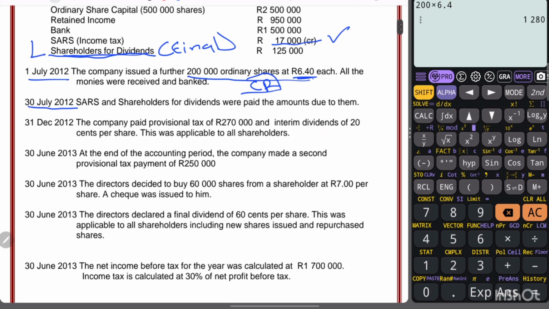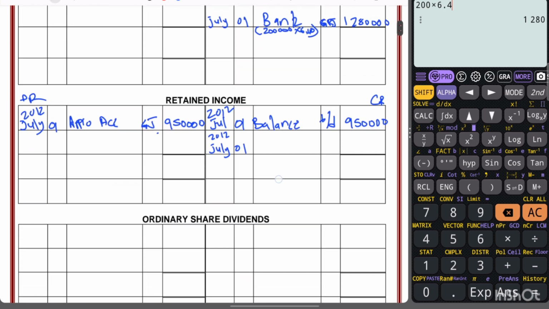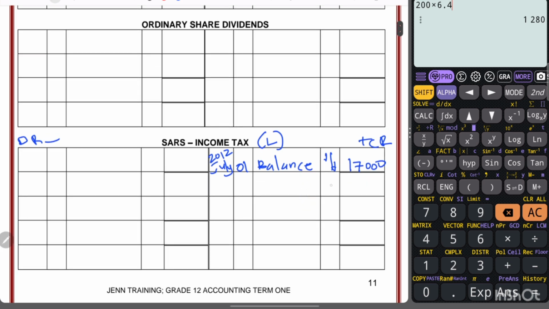So now we can continue with our information. On 30 July, SARS and shareholders for dividends were paid the amount due to them. Remember, the balance that we were given under SARS means that we were owing SARS. Now we are paying it. Obviously, when we are paying it, money will go out of the bank account. Then it's going to be CPJ.